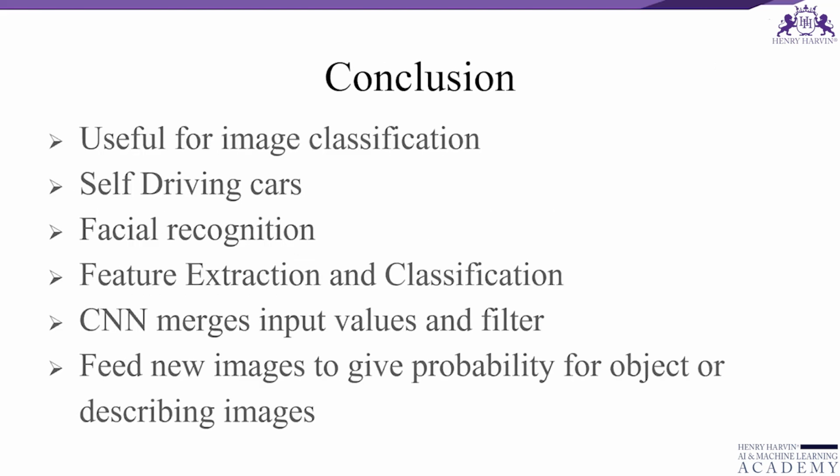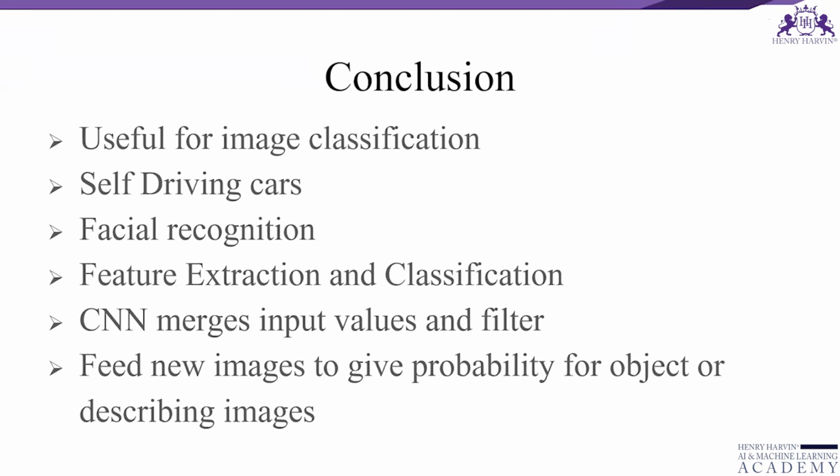So from this, what we can conclude is that CNNs are useful for image classification. That is what we have seen, like how to classify something as a zebra or bird. We have seen some cases. And then it is being used in self-driving cars, and then facial recognition and feature extraction classification.